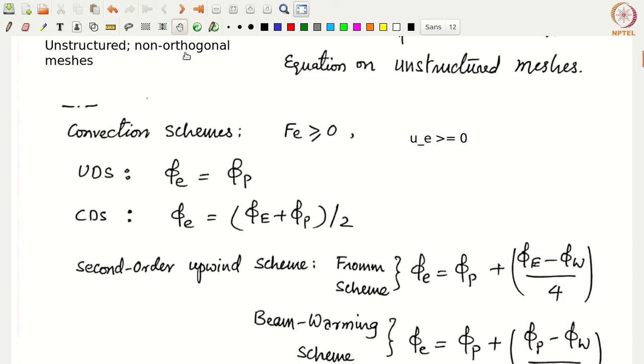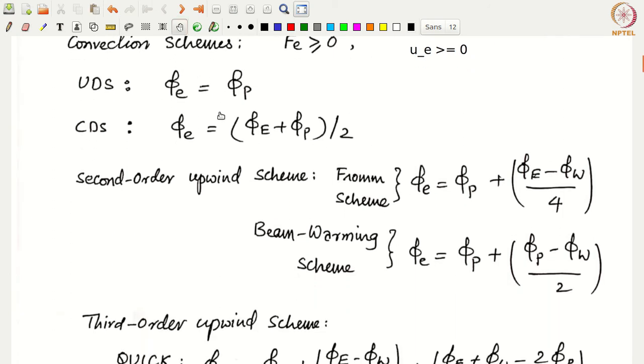All right. Then we have also looked at the second order upwind scheme in which phi on the face, phi little e, is written as phi capital P plus phi E minus phi W by 4. This was obtained using an approximation for the first derivative, where the partial phi partial x is evaluated using a central second order accurate formula.